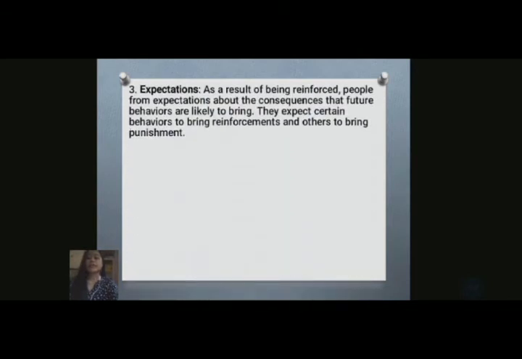Next, we have expectations. As a result of being reinforced, people form expectations about the consequences that future behaviors are likely to bring. They expect certain behaviors to bring reinforcements and others to bring punishments. Why is expectation a factor in social learning?